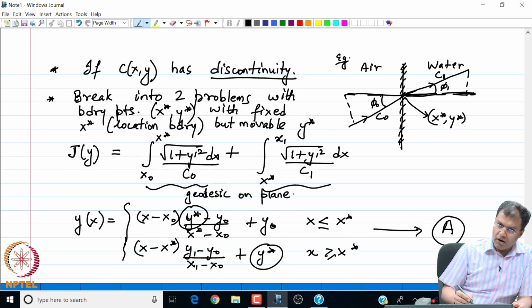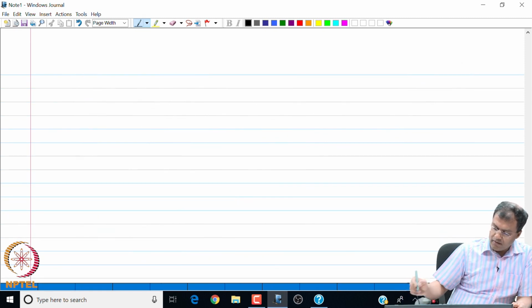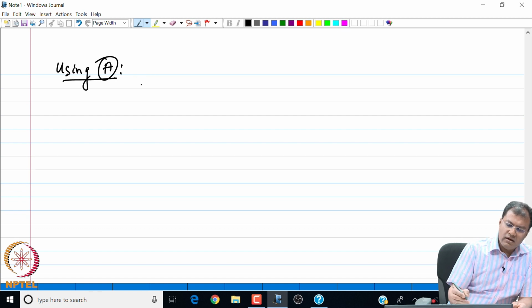which is the variable of the problem to begin with, and now the solution to this combined problem will involve minimization of this function with respect to this variable y star. So which means, to get my final solution, we have to do an ordinary minimization, or multivariate minimization, with respect to the parameter y star.